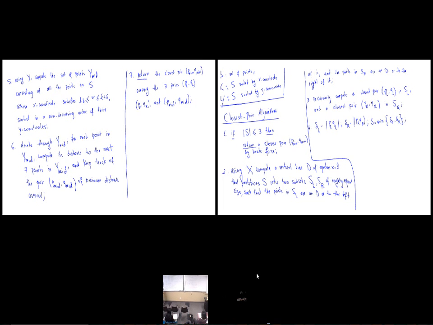We got delta here. In the fifth step, using y, you pick the x coordinates that are between L minus delta and L plus delta. So what do you mean instead of picking y? After we find delta, we use x to pick those points.